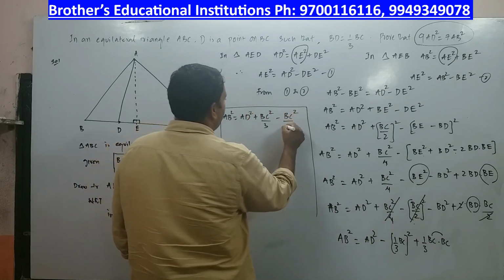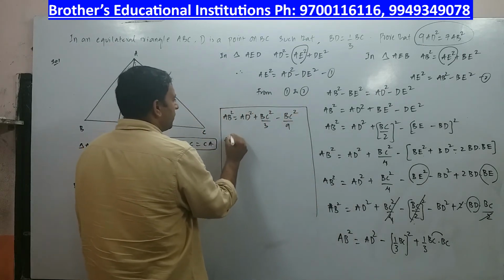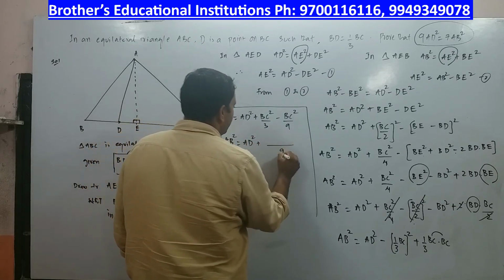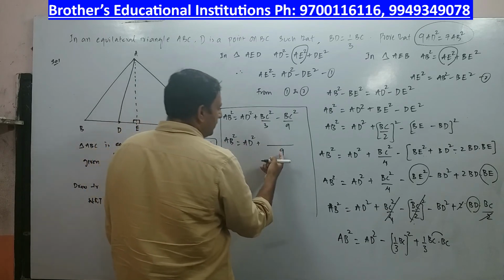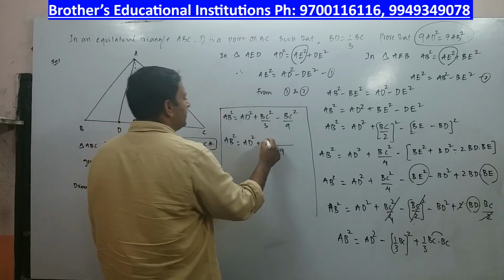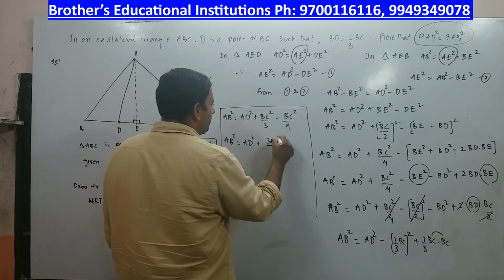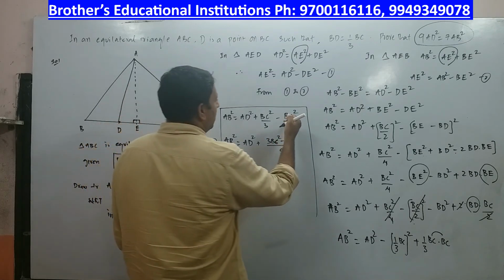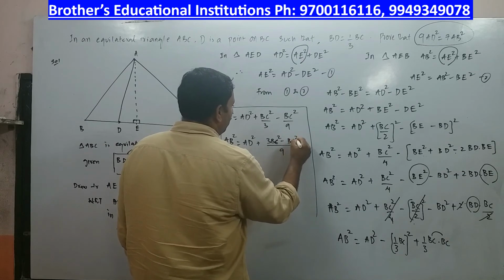BC by 3 whole square is how much? BC square by 9. AB square is equal to AD square plus, what is the LCM? 9. 3 3s are 9. So 3 into BC square, 3 BC square minus what is this you have? BC square.